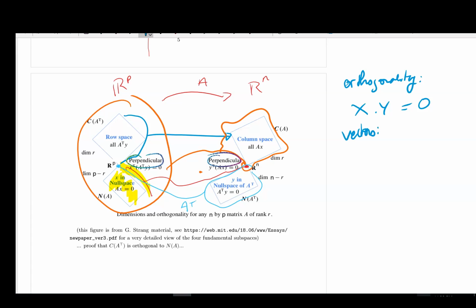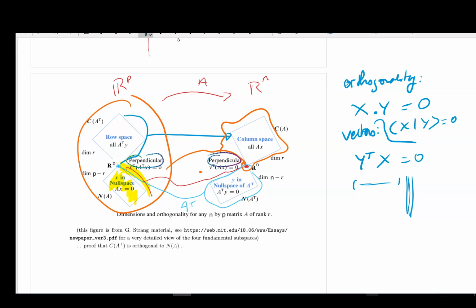But another way to write the dot product is to write it as Y transpose times X as the usual matrix product. You've got a row vector times a column vector, so that's the usual matrix product.